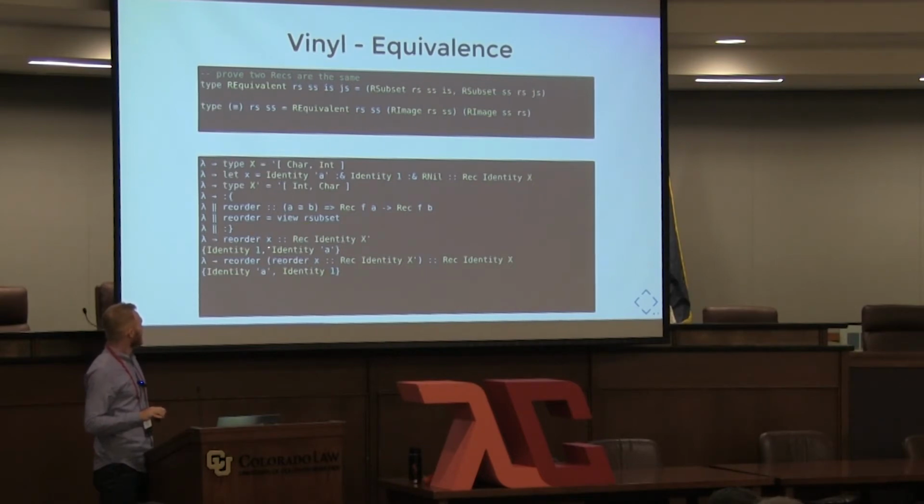And so when we reorder X, where X is the capital X without the prime, we want to turn it into a capital X prime, we'll just reorder the fields, and then we can reorder the reordering and get back our regular thing. You could also call reorder X on the capital X type and just get back the same thing, and it would basically do nothing.